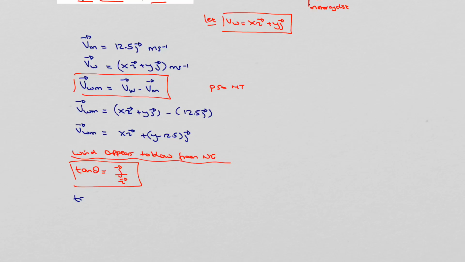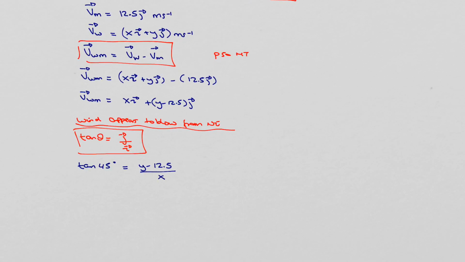And that direction is 45 degrees north of east. So therefore, my j vector is my y minus 12.5 over my i vector, which is x, and tan 45 we love because that's just 1. So if I cross multiply there, I get x is equal to y minus 12.5. So that gives me one equation for my first case.